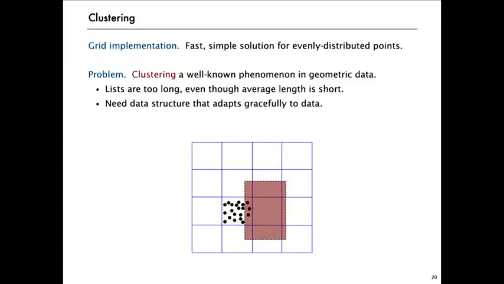And so the average list length is short. This is like what we encountered with hashing. If you take all the points in one square and 0 in all the rest of them, your average is still n over m squared, but they're all in that long list, and you're going to have a slow algorithm if it's based on this.